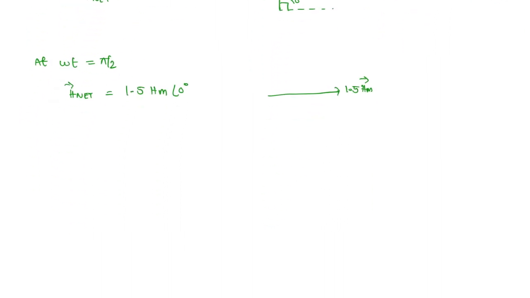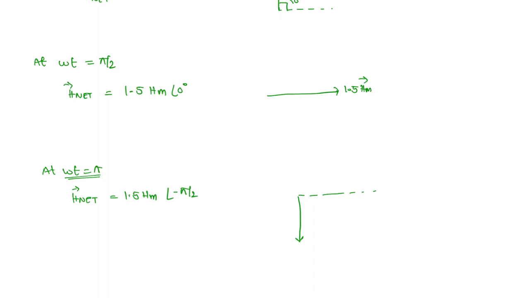Next instant of time we will take omega t is equal to pi. So at omega t is equal to pi, then what is going to happen? H net magnitude will once again remain same. Angle will be 90 degrees, which is pi by 2, so pi by 2 minus pi. What will it be? Minus pi by 2, or you can write minus 90 degrees. So now this will be the reference.